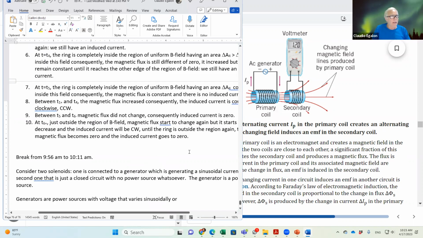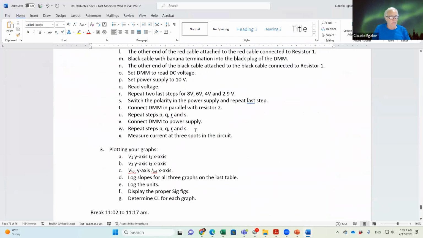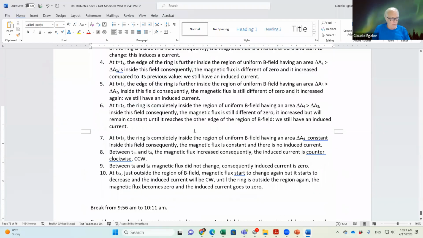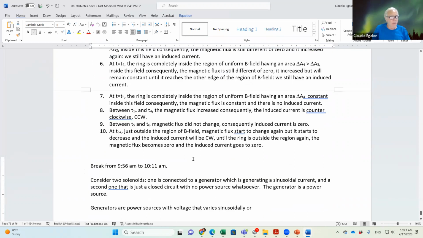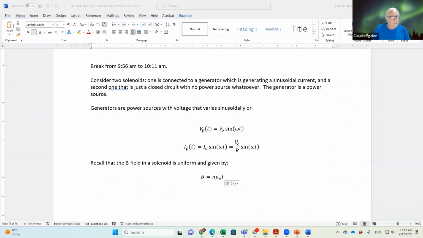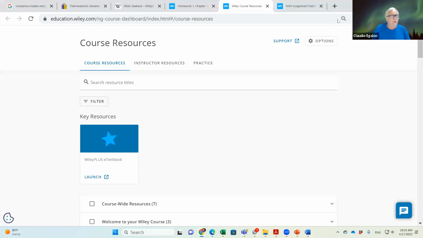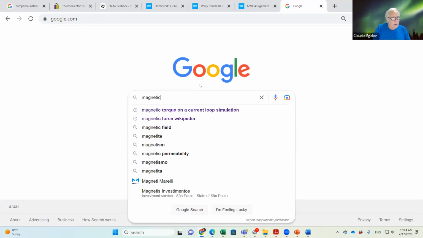Let's go back to that derivation that we got and make sure that everything is right. We're talking about the number of loops per unit of length, right? Instead of looking at my notes, let's take a look at the internet. It's going to be quicker.